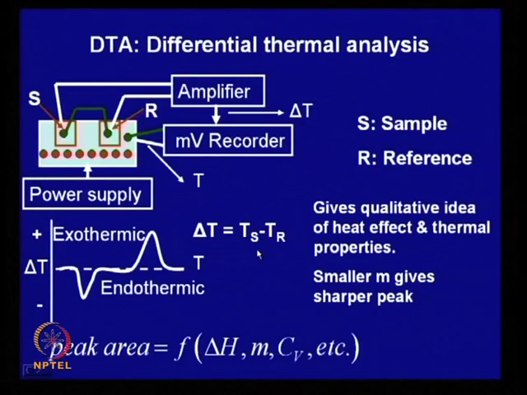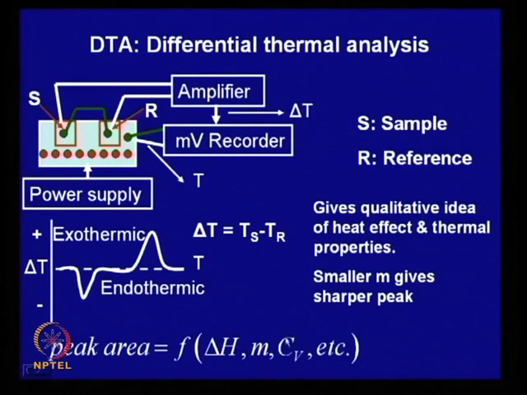So, compared to that normal thermal analysis, differential thermal analysis gives you a little more information. It gives you some qualitative idea about the heat effect and thermal properties. In fact, the area under this peak will be a function of the latent heat of transformation, let us say delta H. It will be a function of the amount of material that you have.